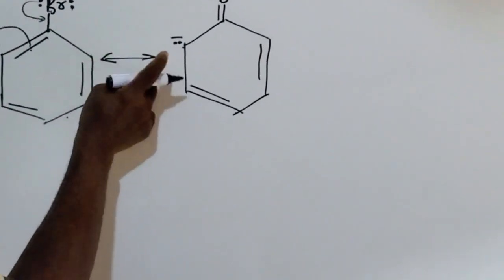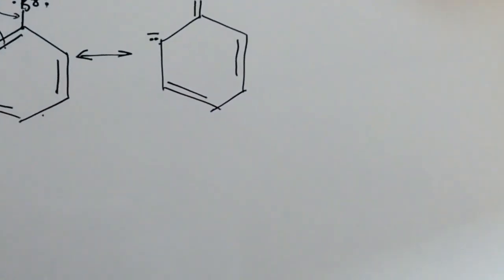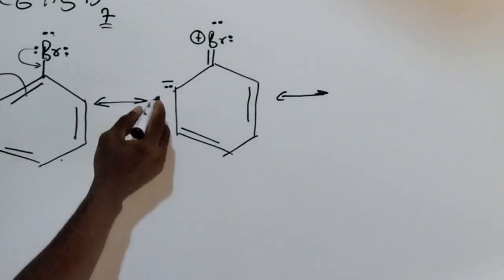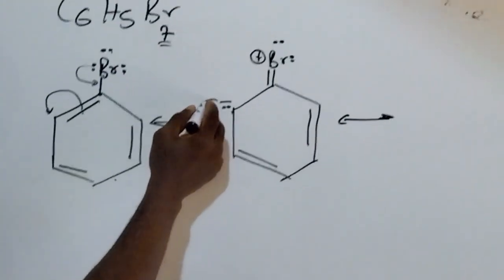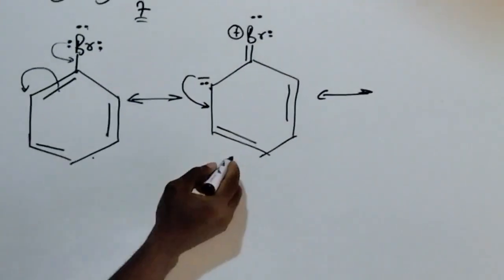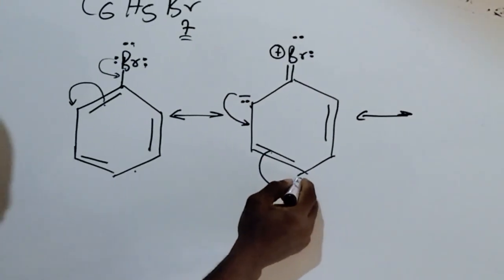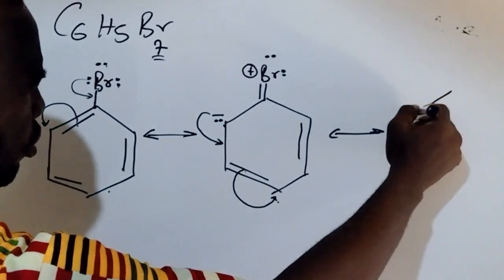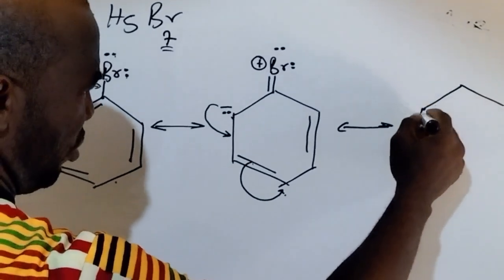So you have the resonance structure of this. We use a double-headed arrow to show that. For the structure we produced here, we can still continue the resonance. The electron on this carbon can shift to this bond, while this one shifts to the next adjacent carbon. So you have to learn how to draw resonating structures. It's very important in organic chemistry.